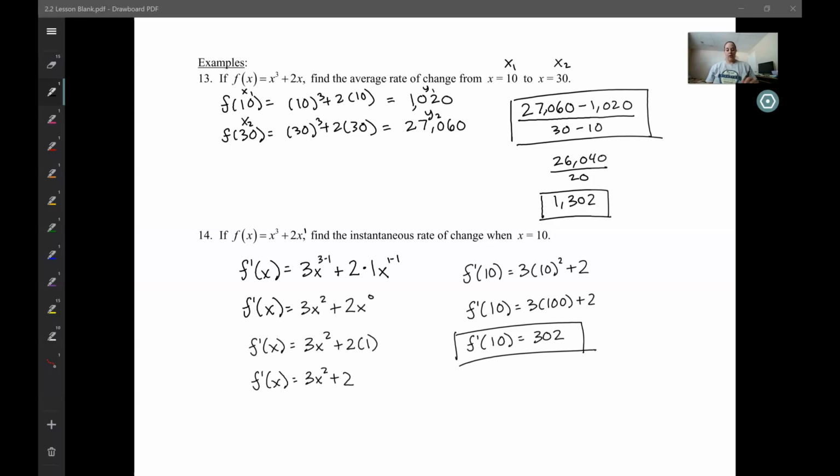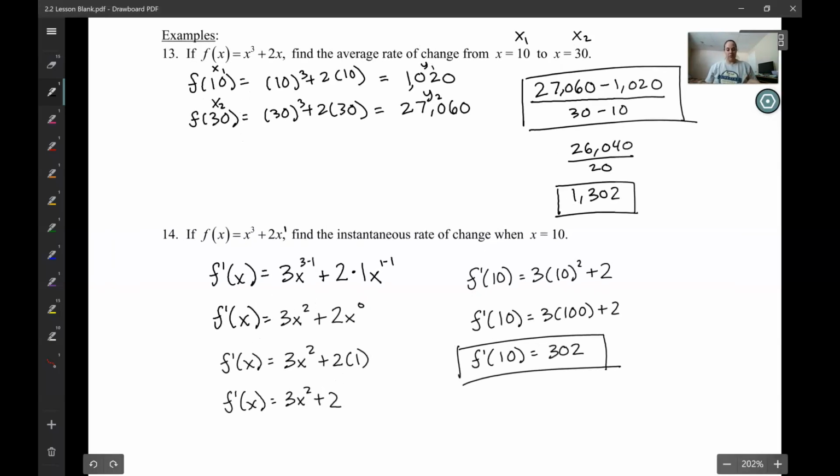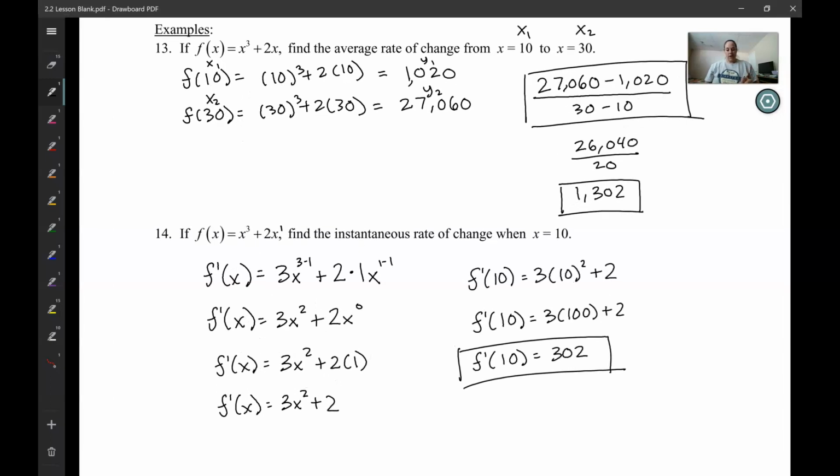Okay, here you go. You might have gotten a little tricked up on the derivative this time, so let's go over it. If I want to find the derivative of the first half, I take the 3 in front and I minus 1. That one you should be pretty used to. But this one, remember I don't affect the 2. That's my scalar multiplication rule. The exponent is a sneaky 1.